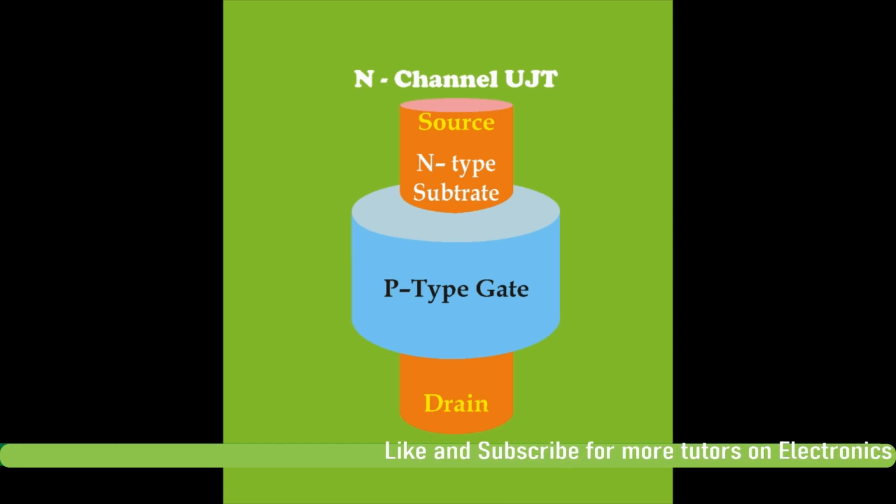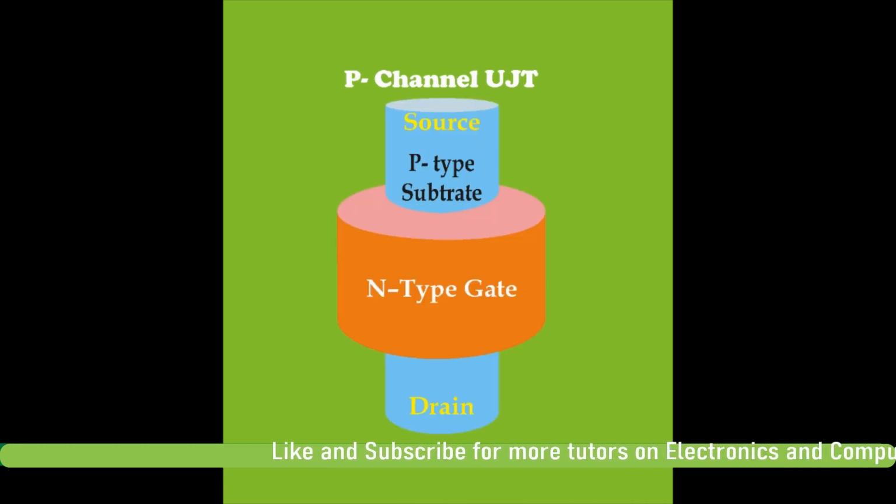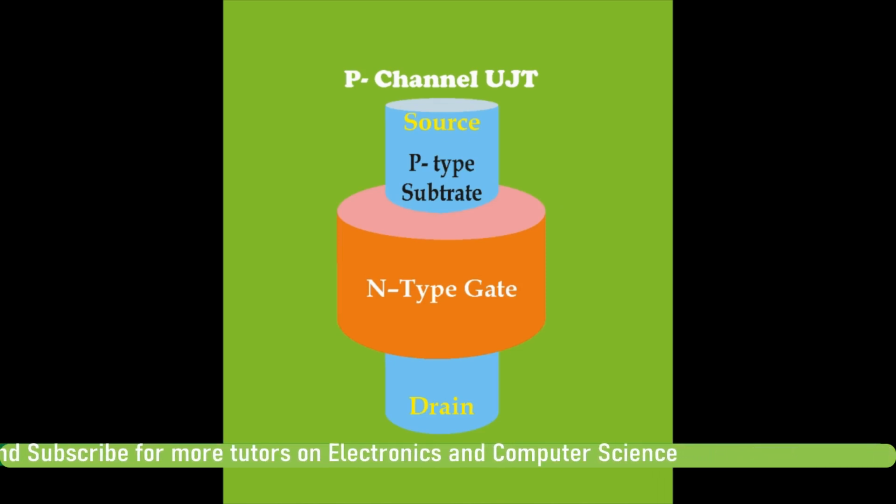In a similar way, P type UJT can be formed. That means the substrate used will be P type and the gate will be N type. So here from the source to drain, the whole current will be due to only positive charges. That is why this channel will be P type or positive type.